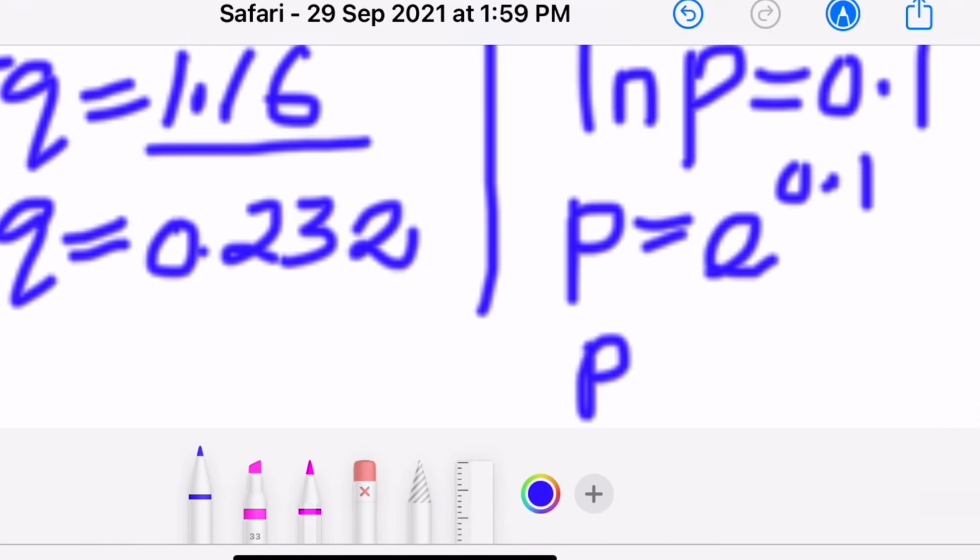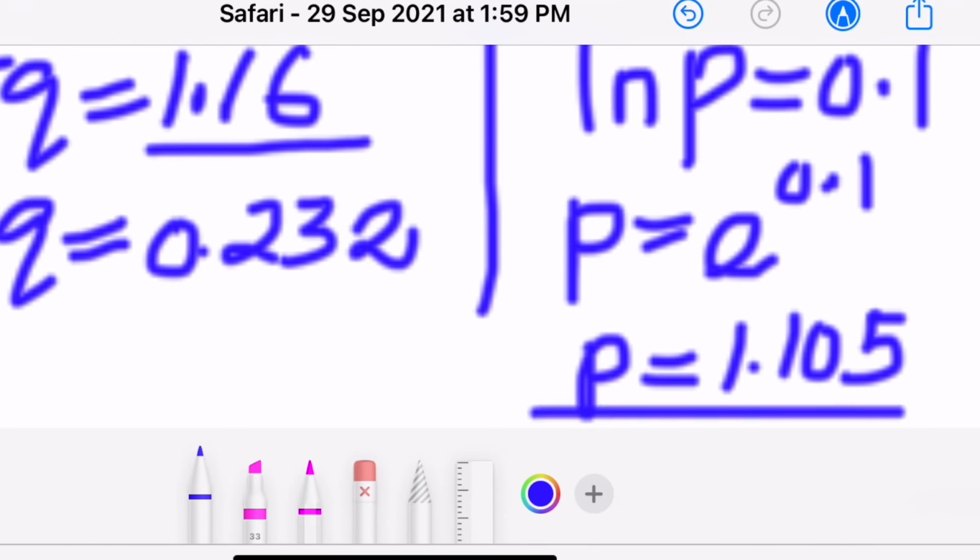If you are using a new calculator, you can just shift ln 0.1, and your answer is 1.10. Always write your answer in 4 significant figures, 1.105. Alright, that is the right answer.